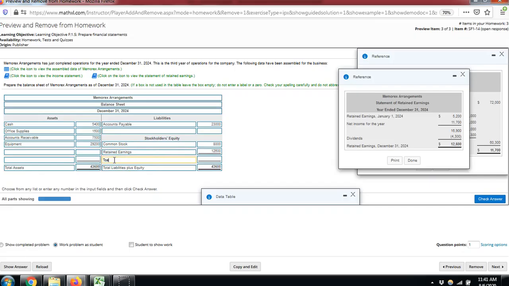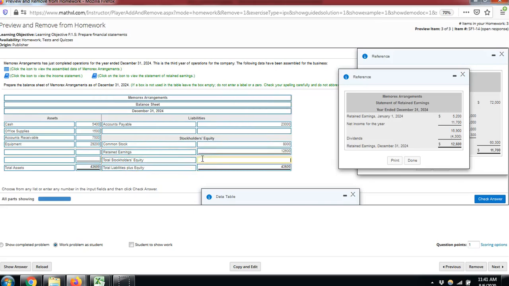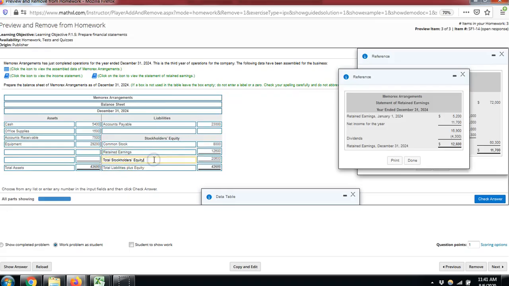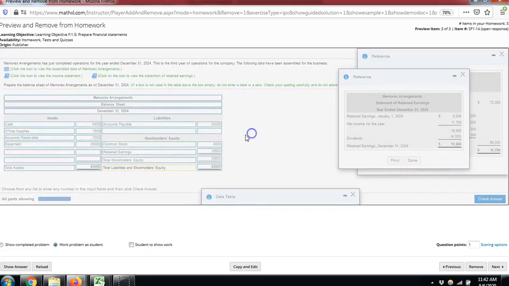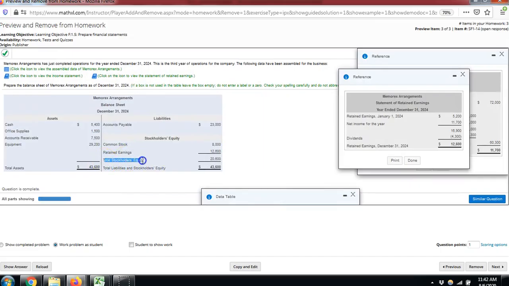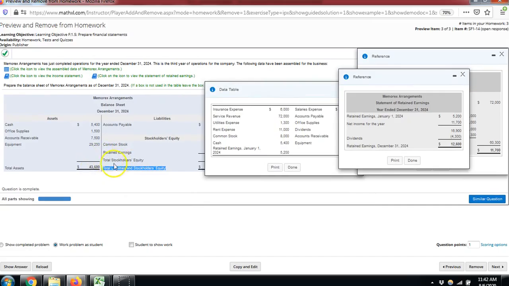So we have to have a subtotal of 20,600, and then let's see if that does the trick. Okay, so if you notice, all I did was add the labels for the subtotal and it corrected the final label here. In the questions you do for your homeworks, you will not have to type in the answers. There will be just a drop down, so you shouldn't run into that problem.